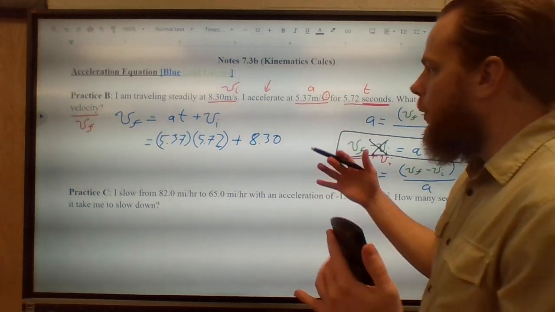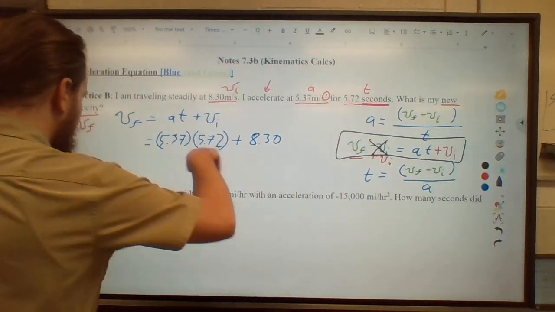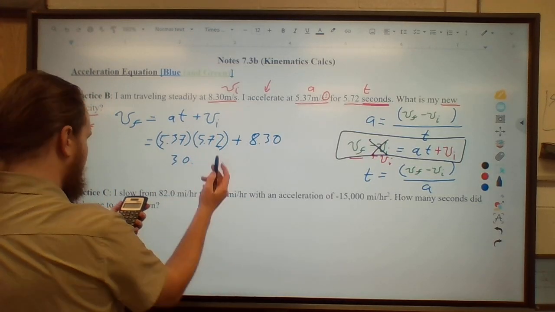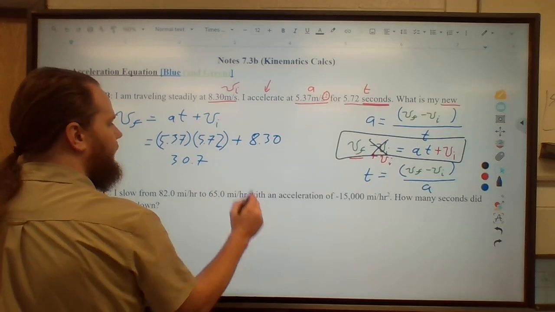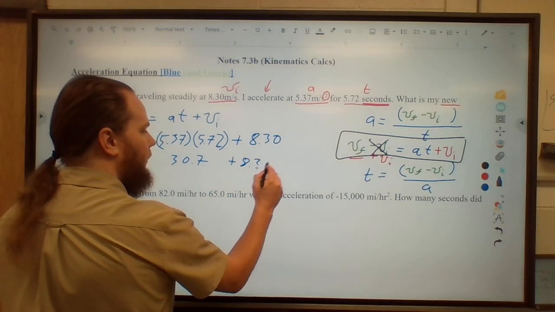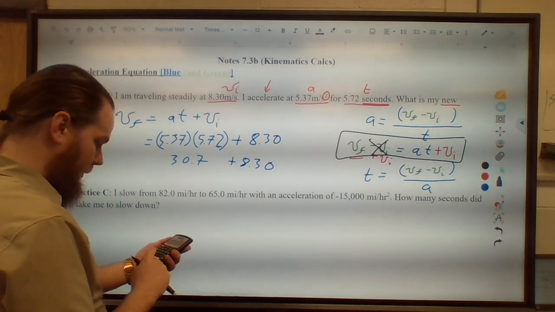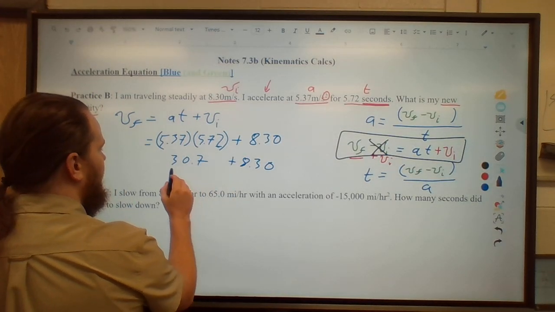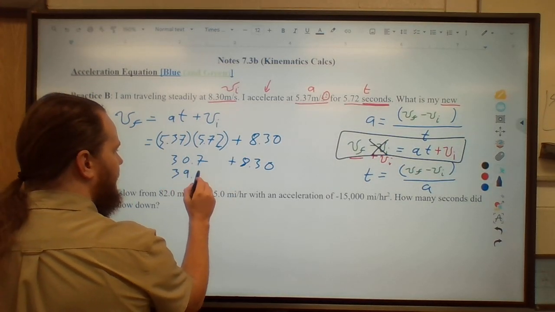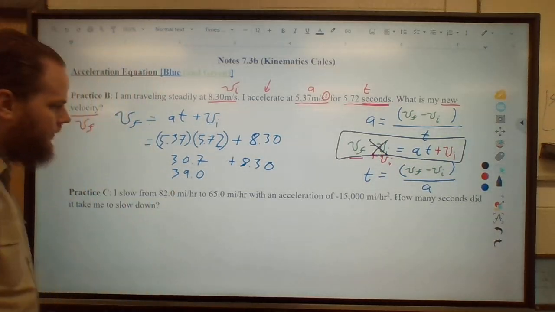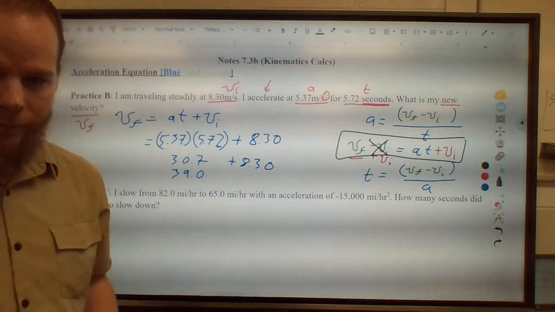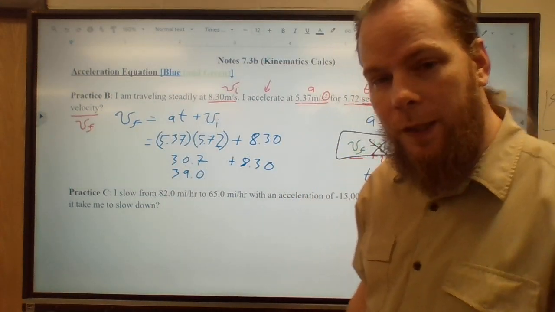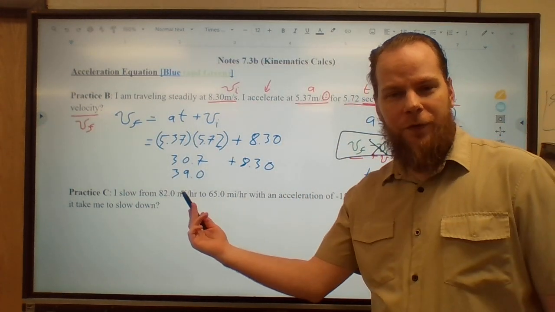All right, so we plug this into the calculator. When we multiply these, we get 30 point, that's going to 3 digits, so that's going to be 30.7. We add 8.30 to that, and that's going to be 39.0. So that's our answer.